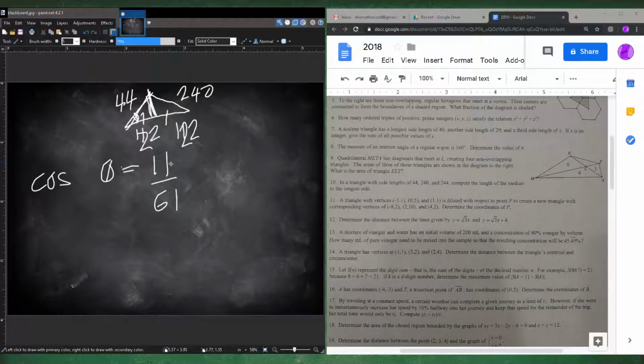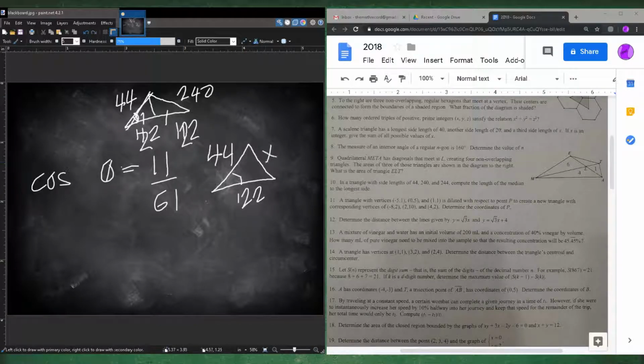So we want to find the length of that line. We have this triangle now, which is 44 and 122, and let's call this side length x. And this is still theta. That's why I said you could use either this angle or this angle. It doesn't matter. It's still going to give you the same numbers.